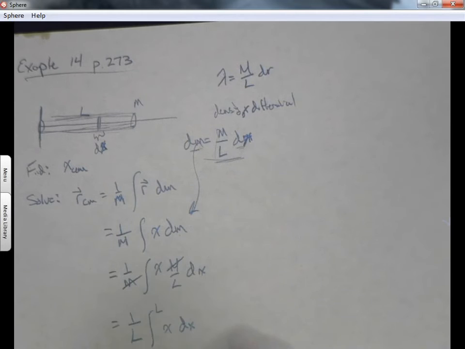Now we'll keep going with this. At this point we can solve. So it's 1 over L times 1/2 x squared from 0 to L, and we get L squared over 2L minus 0, which equals L over 2.